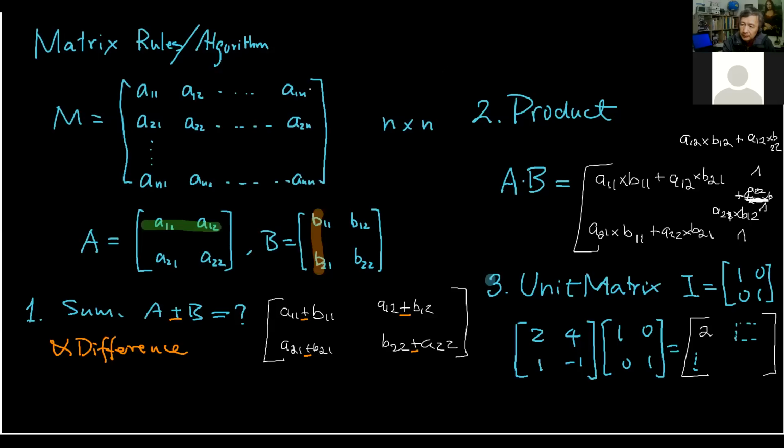So 1 times 1 plus -1 times 0, so it's just 1.